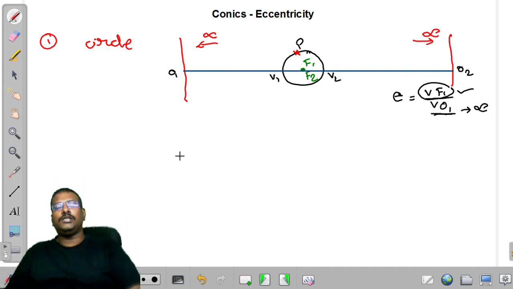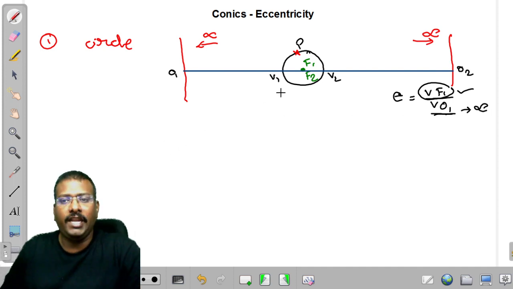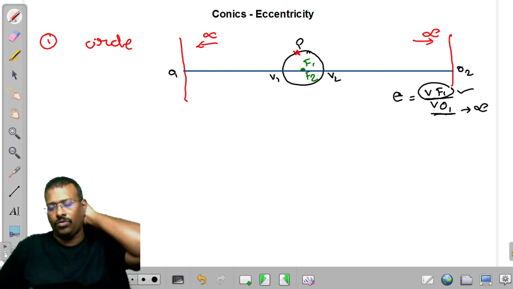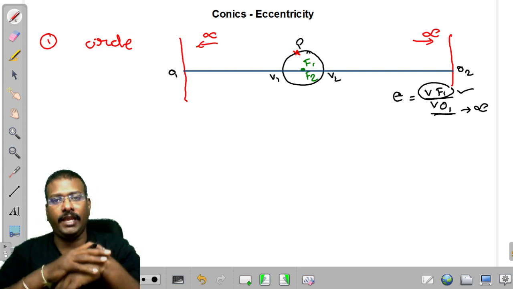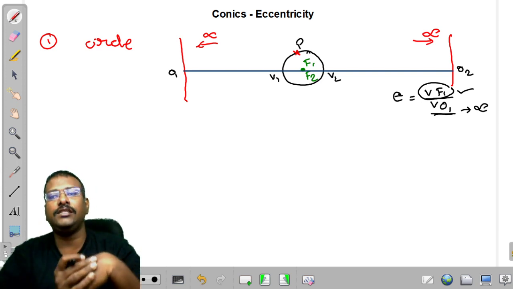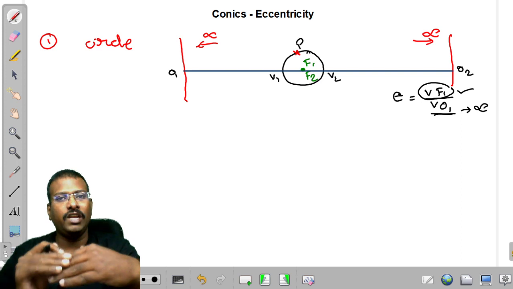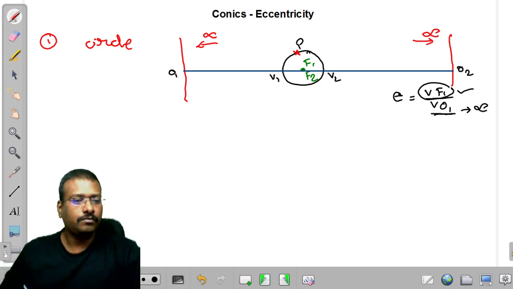Once the denominator is infinity, automatically this e value is 0. That is why the eccentricity value of a circle is 0. This is one way of explanation. There is another way to get eccentricity as 0, which I will give in the next video.